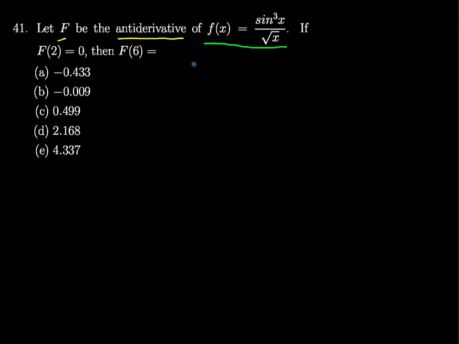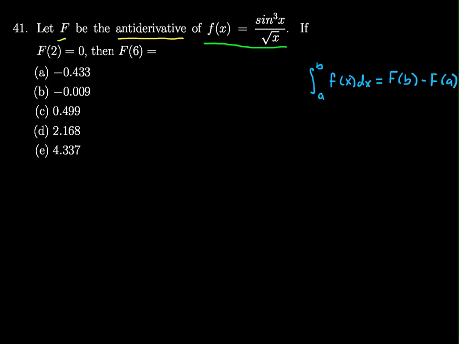I think it's the second fundamental theorem, I need to look at that, but it would state that if big F is the antiderivative of little f, then the definite integral from a to b of little f of x dx, I'd take the antiderivative, put in b, put in a, that should be familiar, so that would be big F of b minus big F of a.